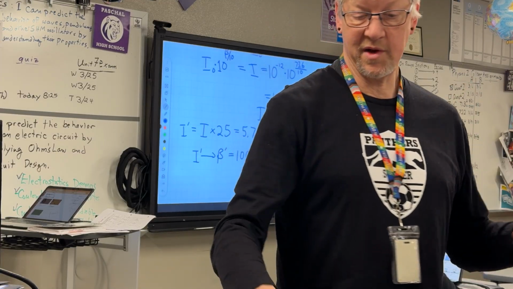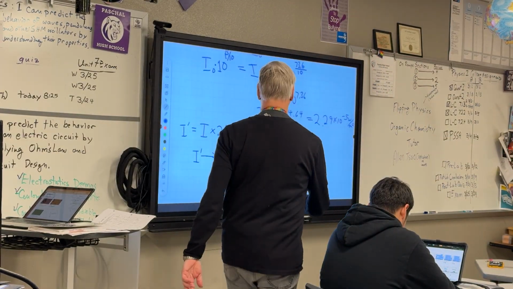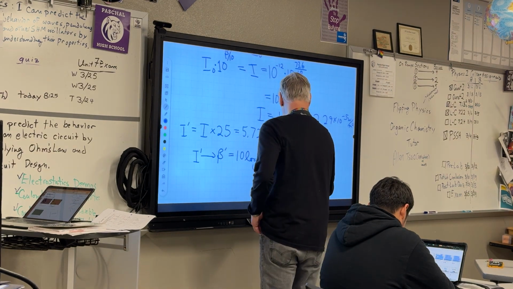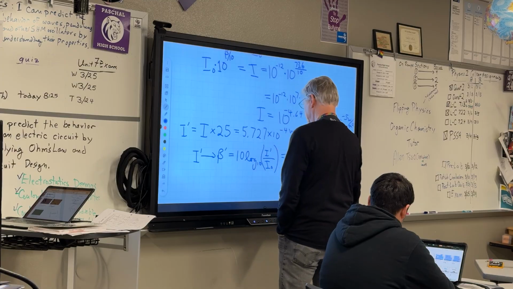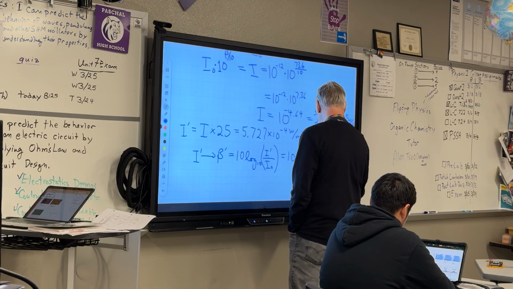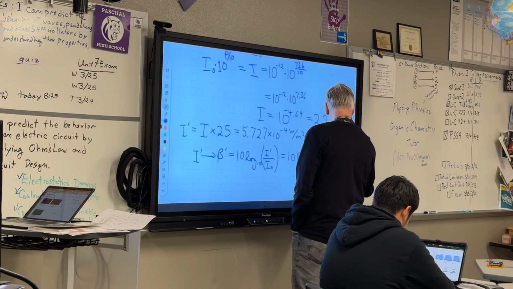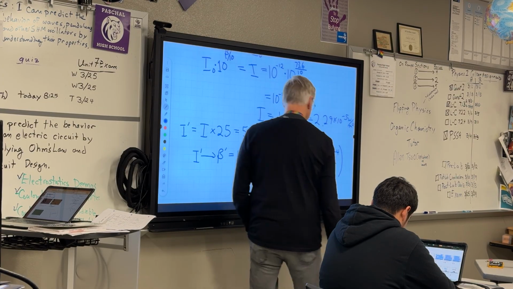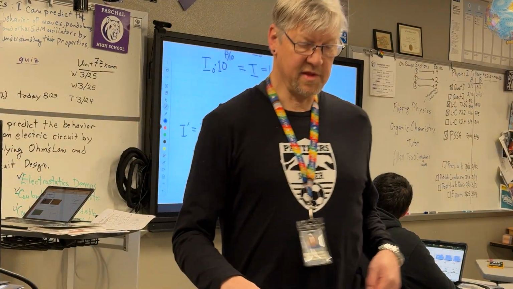So I've got to wrestle with that equation forward and backward. 10 times log base 10 of the new I, which is 5.727 times 10 to the minus 4 over 10 to the minus 12. I naught is always the same number. It's always the threshold of hearing, 10 to the minus 12.